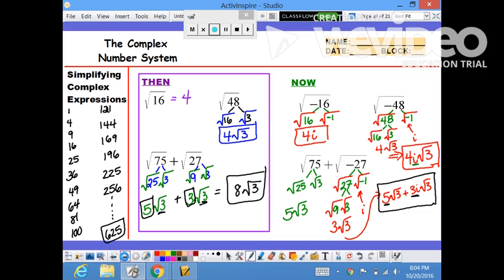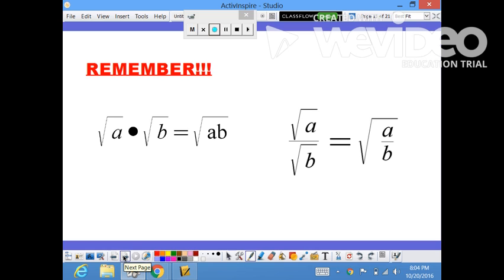Okay. One thing to remember, out of a lot of things, but this is really important. When we're talking about radicals, and that's what we're going to be talking about from now until winter break, when we're taking the square root of A and multiplying it times the square root of B, it's just so much easier and simpler to multiply them first and then take the square root.